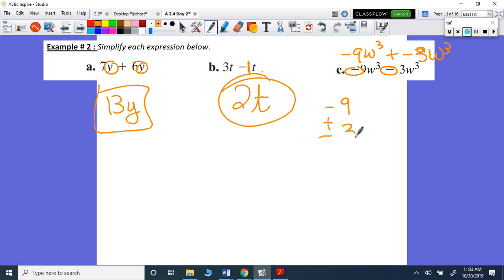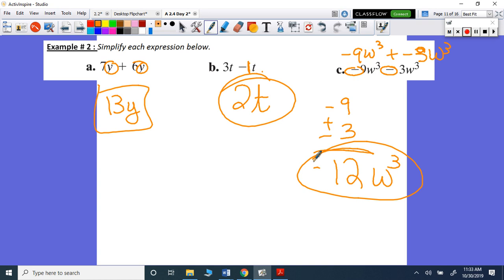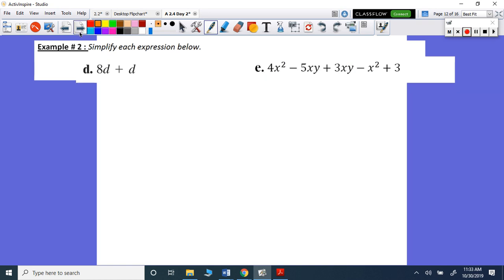And when we had like signs, we added and kept the sign. Did anybody get -13W to the third? So instead of taking the extra step of adding the opposite, I want you to just think of the subtraction sign as the -3. All right, couple more, and then we're going to wrap this up.